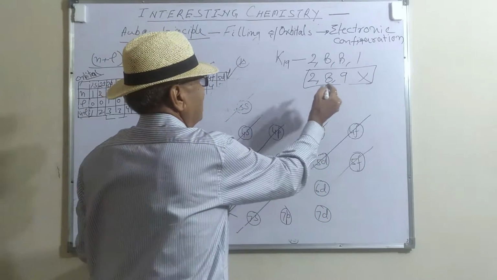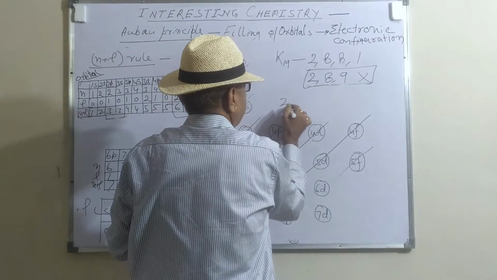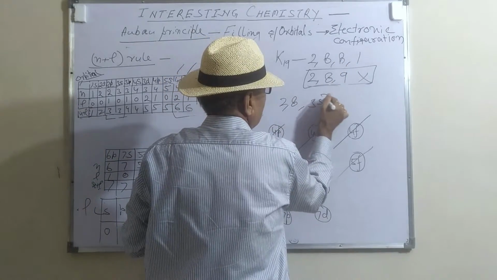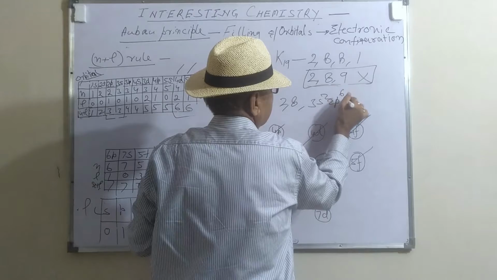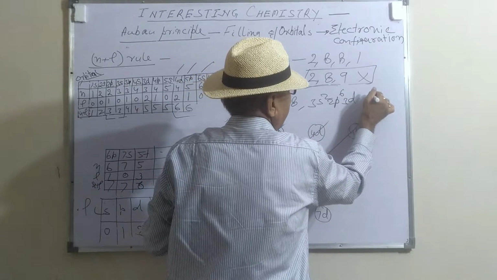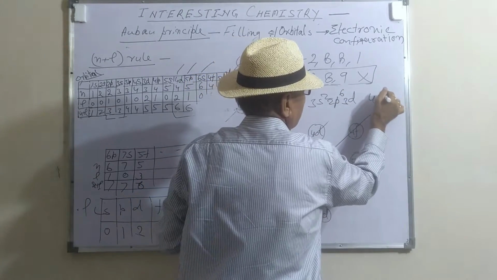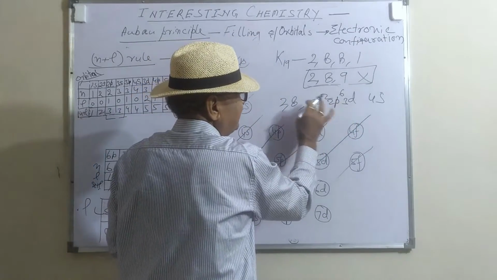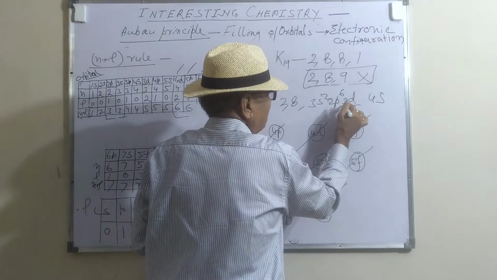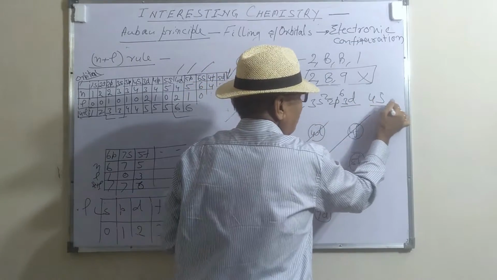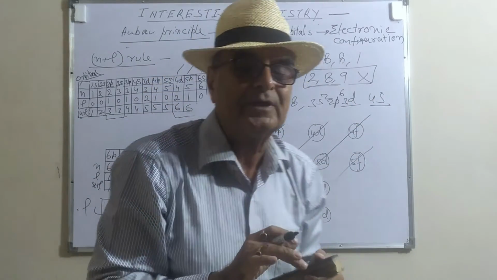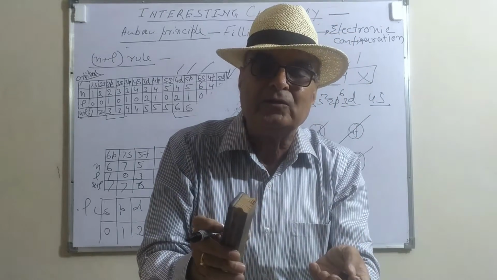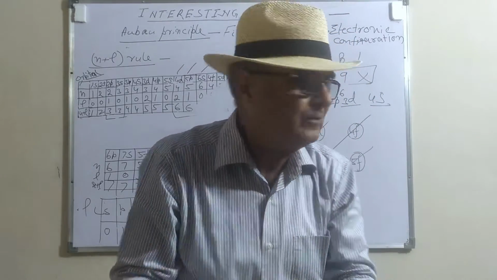So I tell you, now write here 2, 8, and write here 3s2, 3p6, 3d and 4s. Now you have to decide whether the 19th electron will go to 3d or 4s. So calculate the value of n plus l.